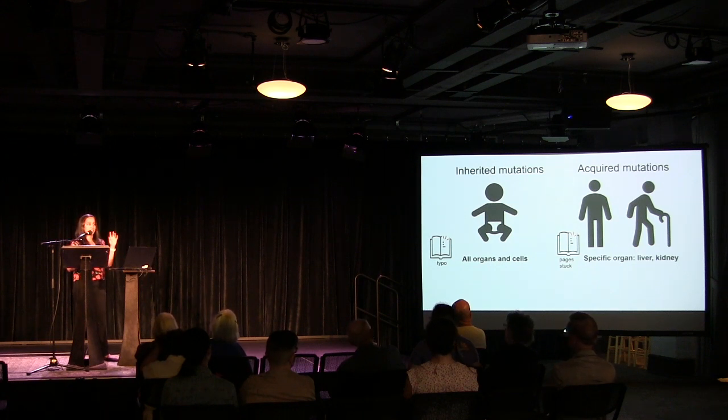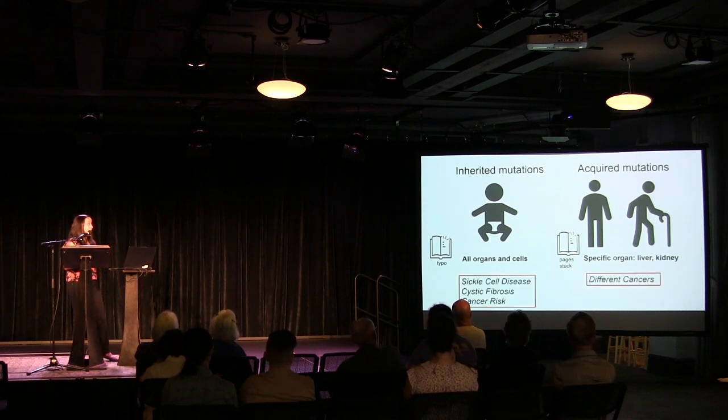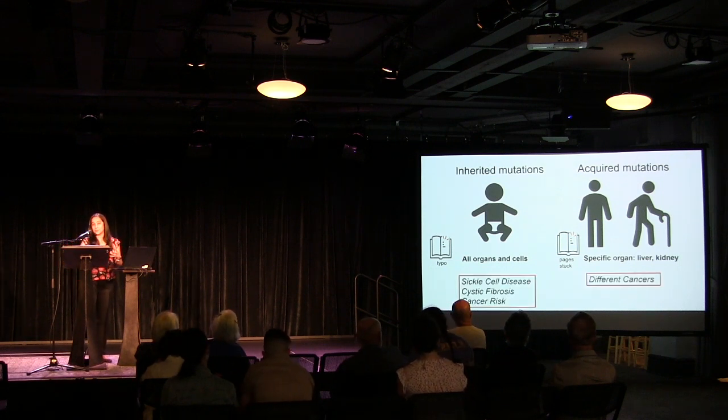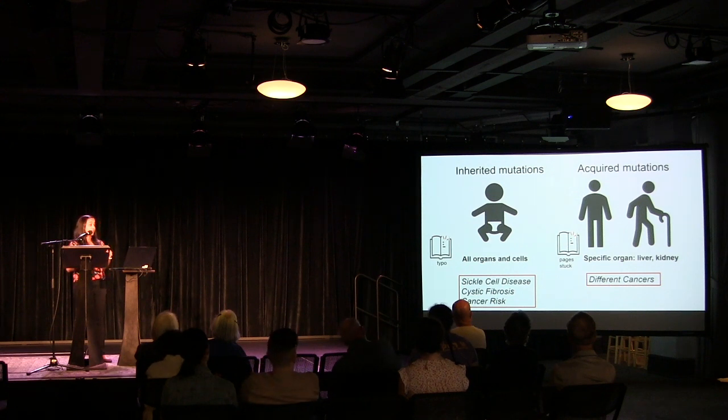So for example, it can either occur only in the kidney or only in the liver, much like how when you have the pages stuck together in a recipe book, that's pretty unique to that one recipe book that you're holding. It's not going to be passed on to the next photocopy or reprint of the recipe book. And when mutations do cause harm, they can cause different diseases.